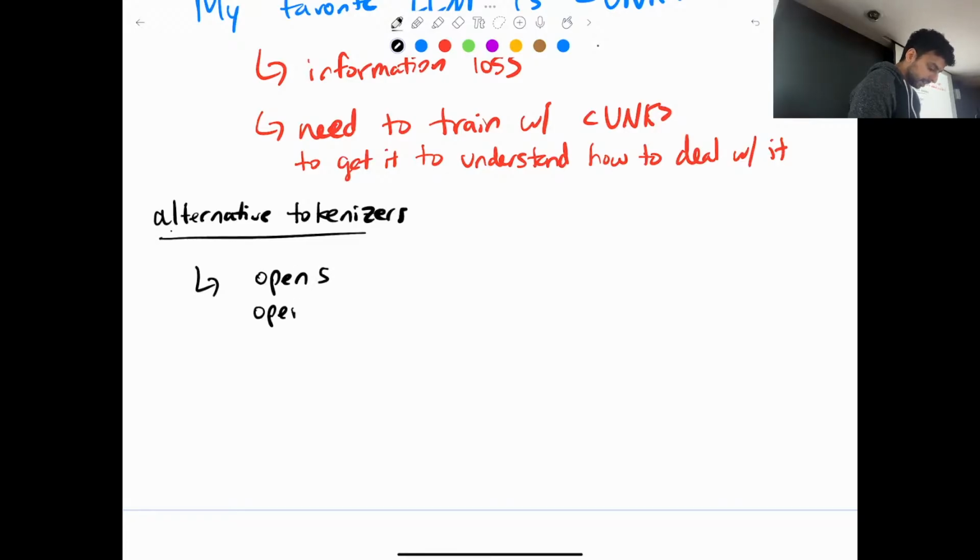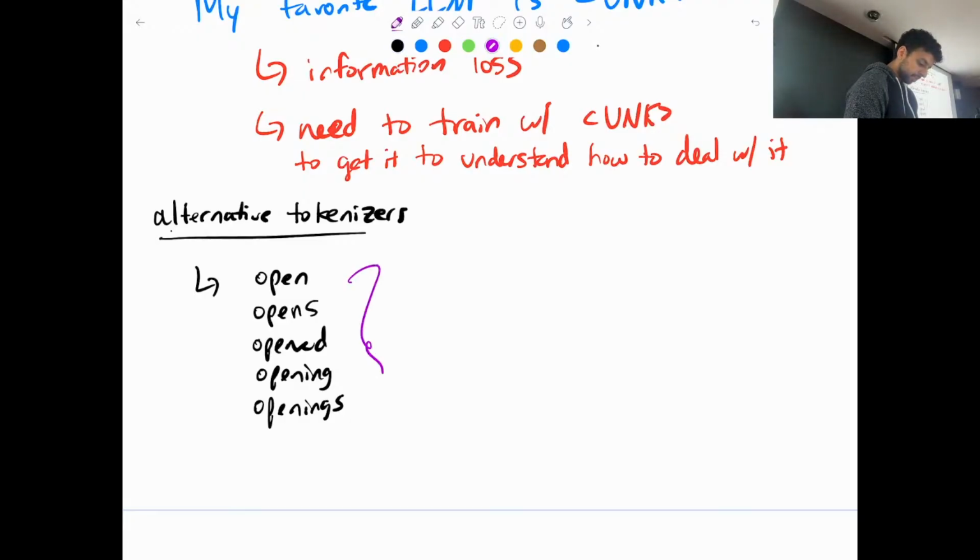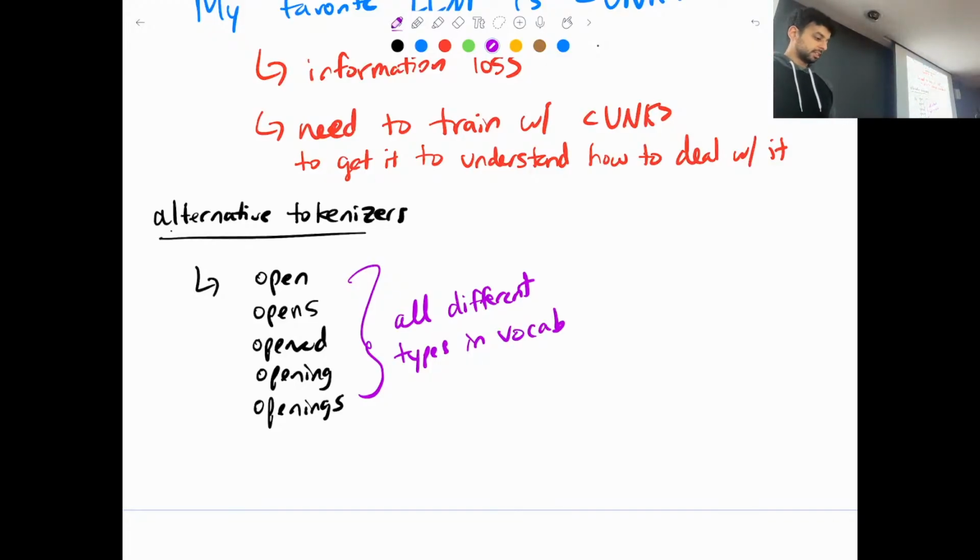If I had open, opens, opened, opening, openings, and so on, these, in a word level tokenizer, are all represented as different types in the vocab, which means that open, openings, opened, opens all have their own embeddings, and there's no sharing of information across them.